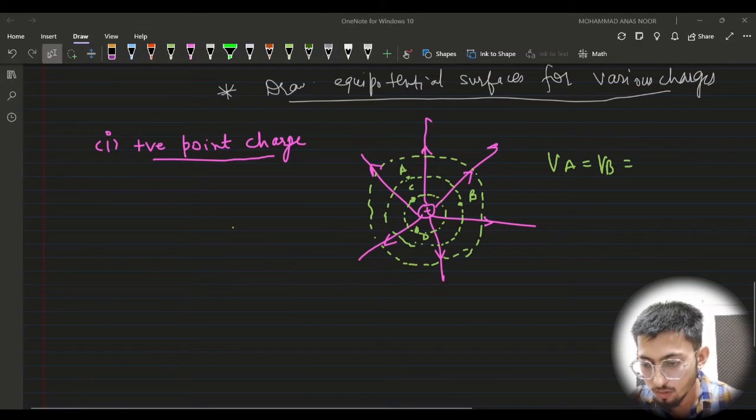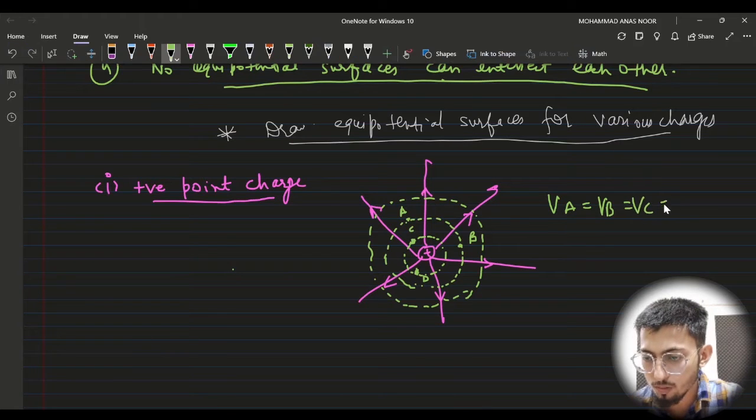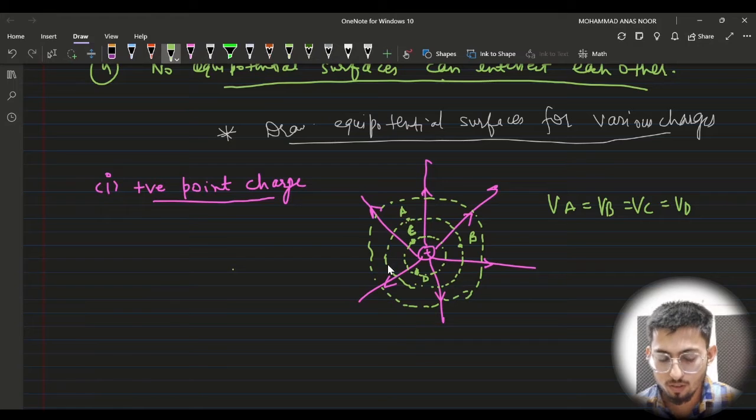What can you say about C and D? Is the potential VA equal to VB equal to VC? Where is C? Oh, is it like this? Yes, it will all be equal, right?